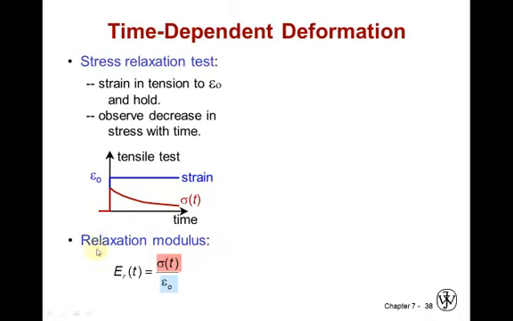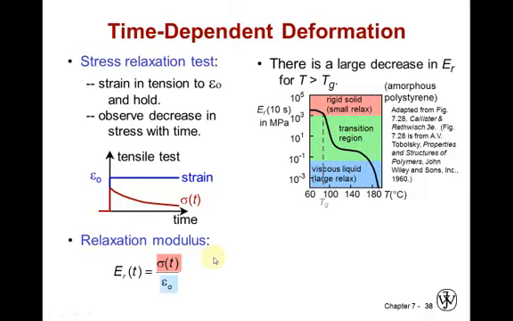The relaxation modulus is a modulus of elasticity that changes over time with respect to the stress that also changes over time. This modulus changes depending on the temperature. So there's very little relaxation when the temperature is low, that is for amorphous polystyrene.